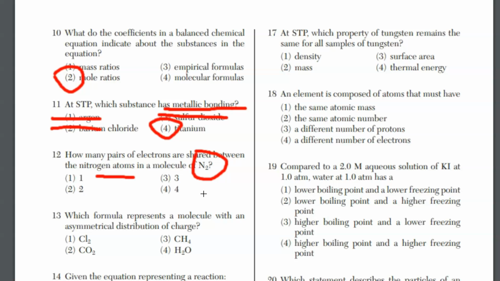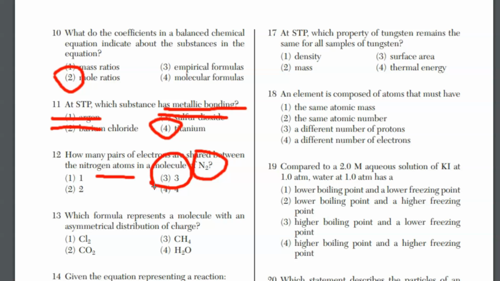Each nitrogen atom has 5 valence electrons. However, nitrogen wants to get to 8 because that's the noble gas configuration. What happens is there is a triple bond between nitrogen atoms. So the pairs of electrons that are being shared are 3.